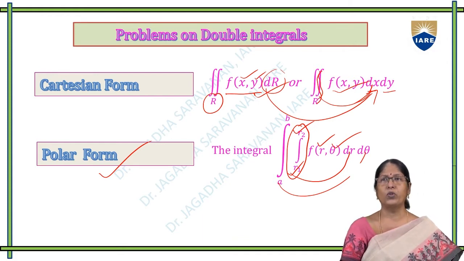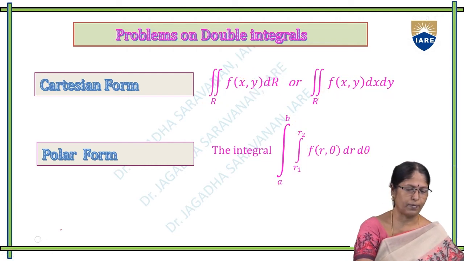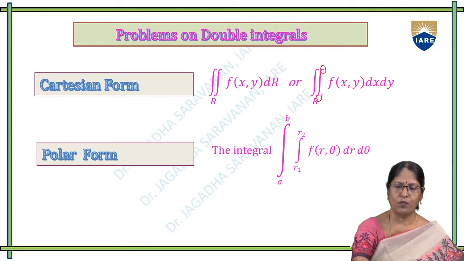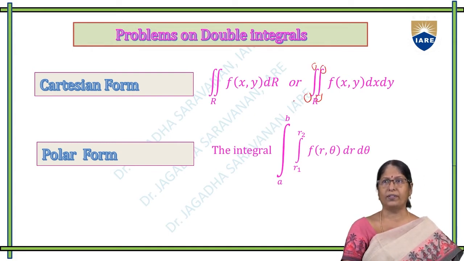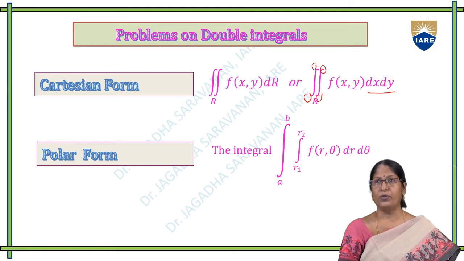So the limits rules are there. If the four limits are constants, then we have the liberty to do either one first, either with respect to x first or y first.